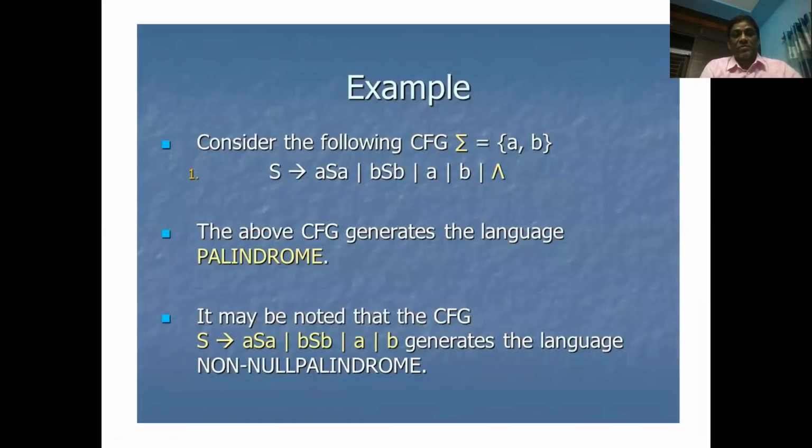So let us see an example. Say this is the production, and this is the alphabet on which this grammar is defined. So what it is saying, S implies ASA or BSB, where this pipe symbol denotes separation of productions. This also means that S implies ASA, S implies BSB, S implies A, S implies B, S implies epsilon.